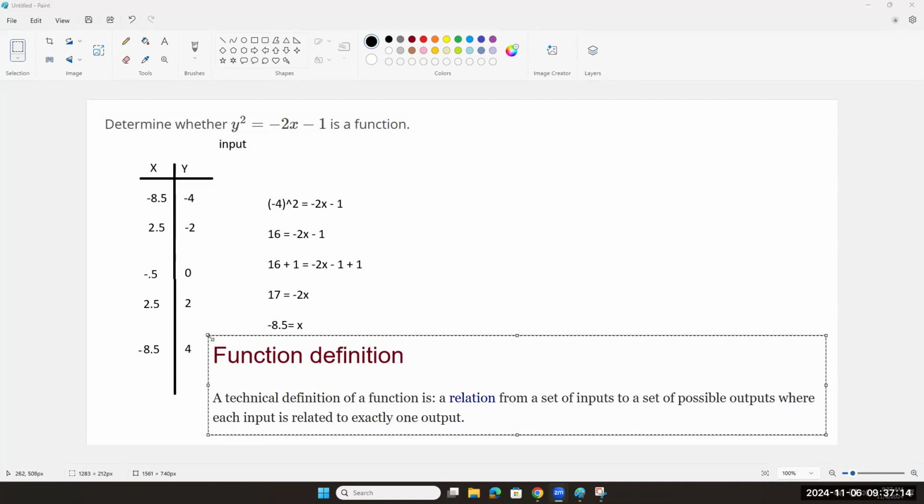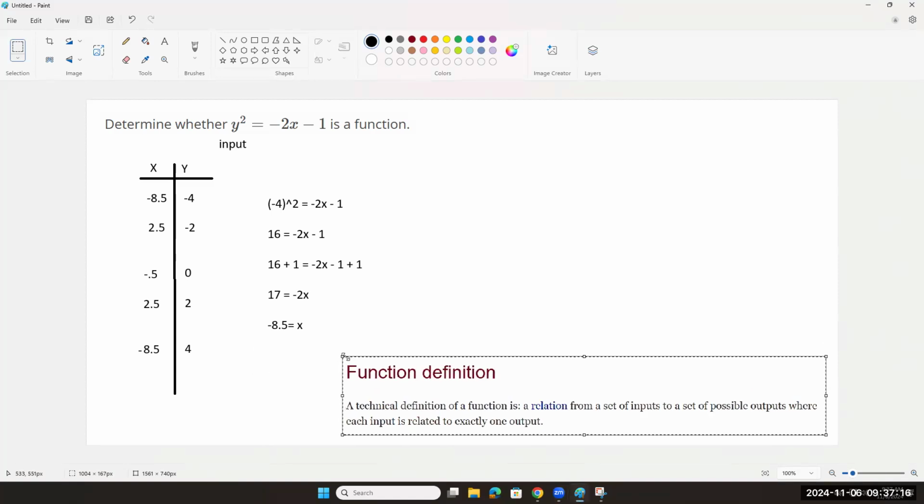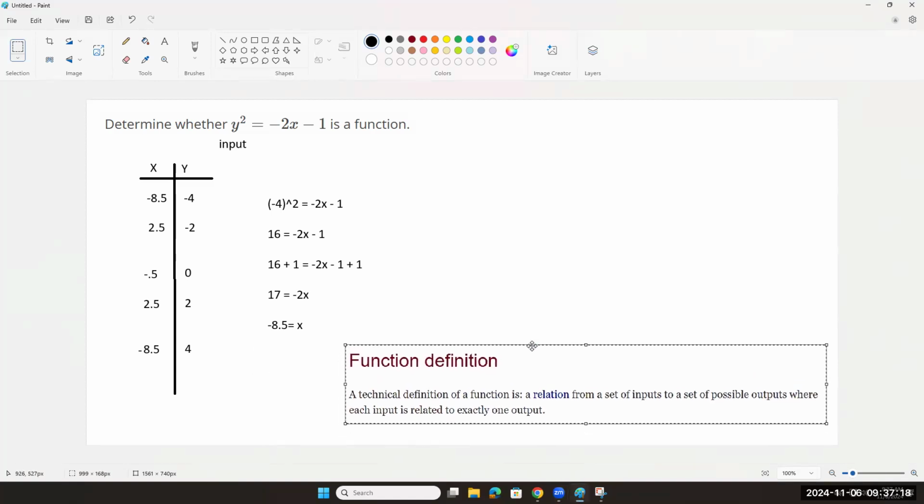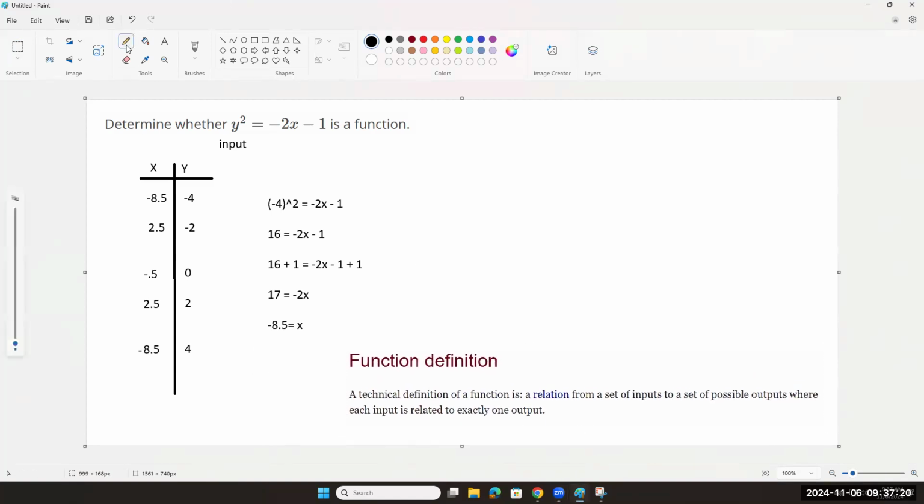So what's happening here is that we actually have the input 8.5, which leads to -4, but at the same time, -8.5 leads to 4.